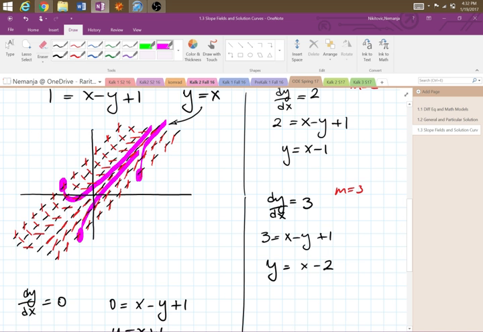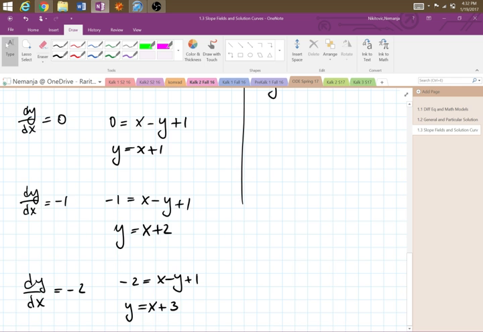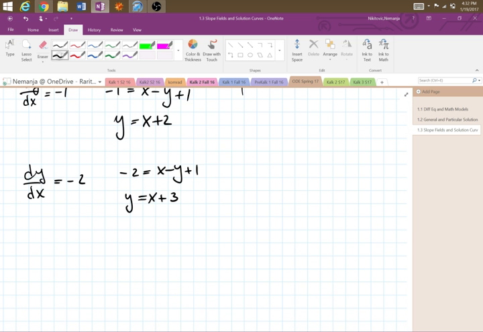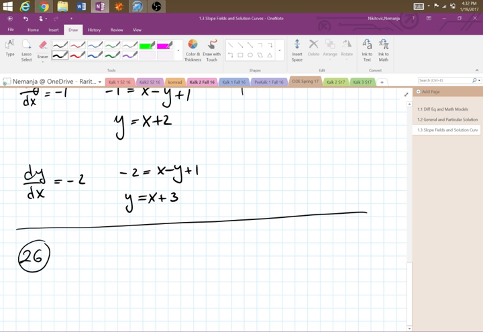So for this particular problem, we have 1 minute and then another 15 after that. This is problem 26 in your textbook.